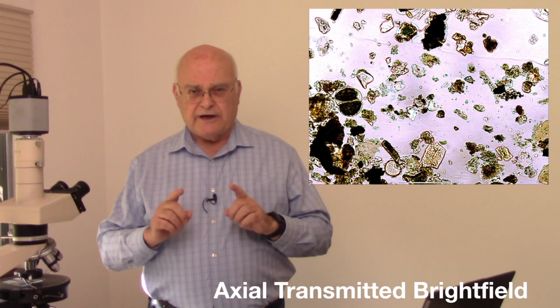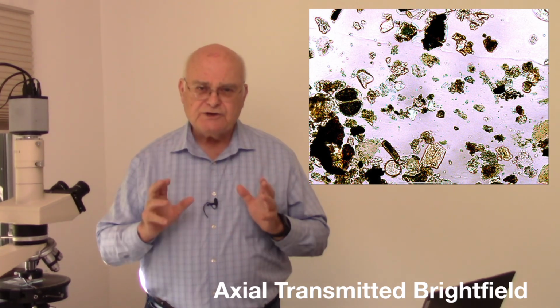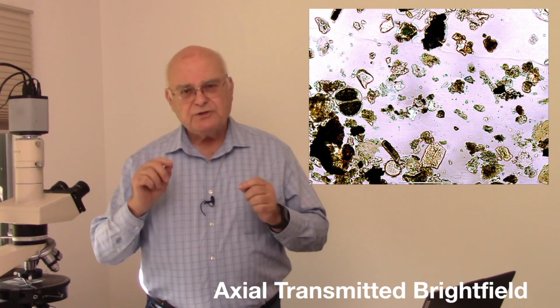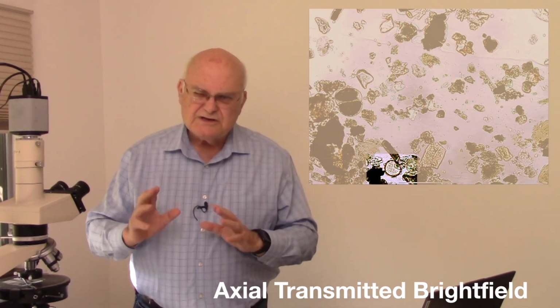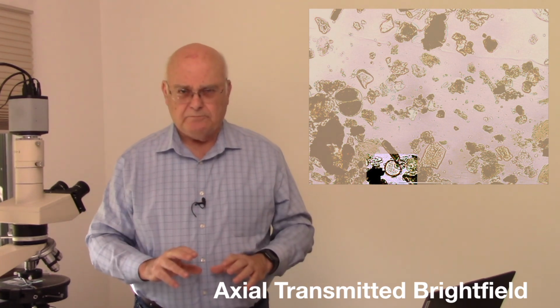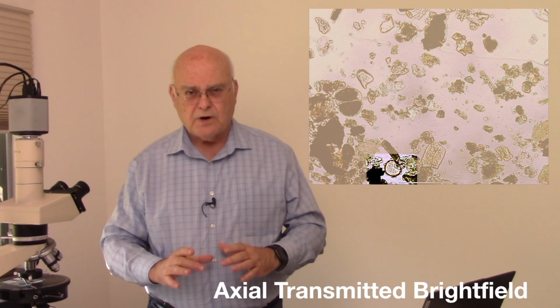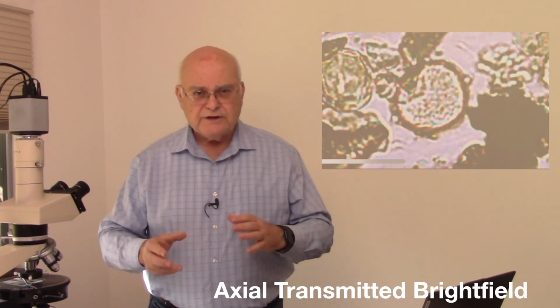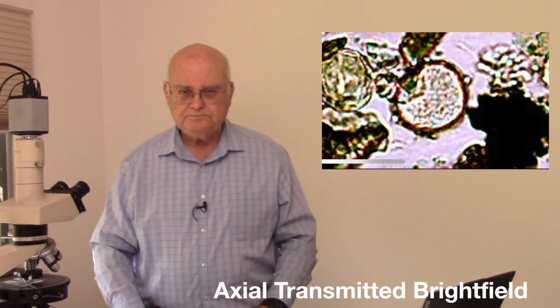With axial light, you'll notice our pine pollen is in nice sharp focus, but there's another circular pollen that's slightly to the left down toward the bottom. That particular particle we can see with axial light. We can see it's got some structure to it.